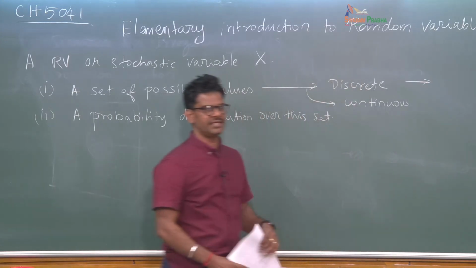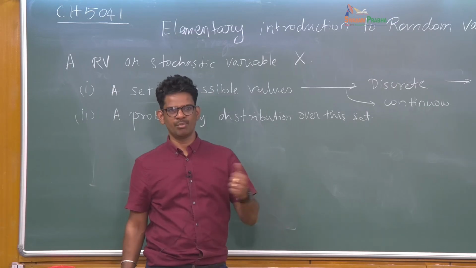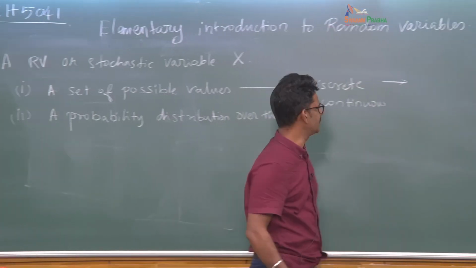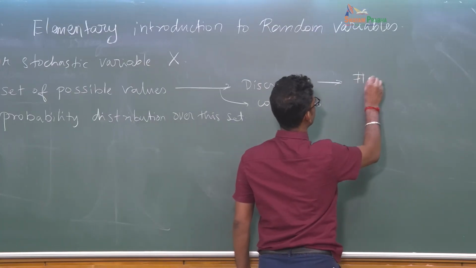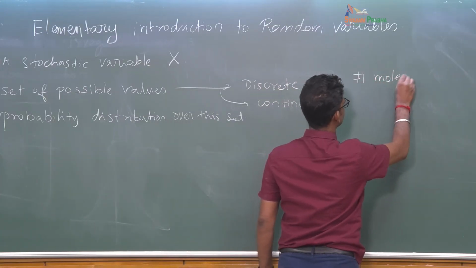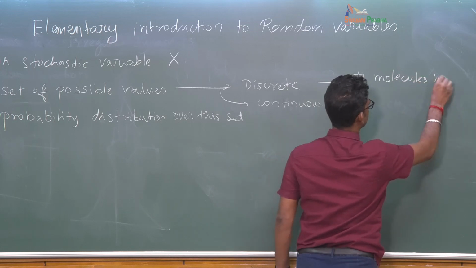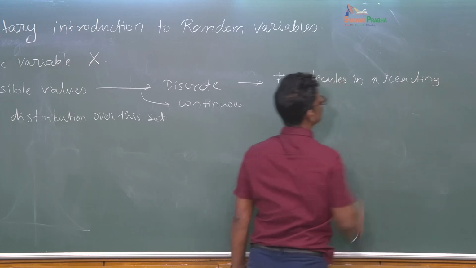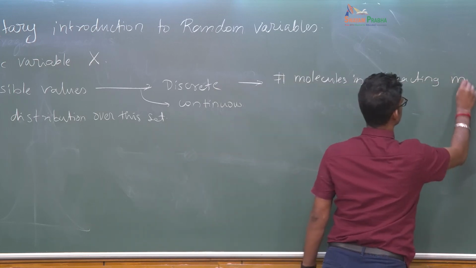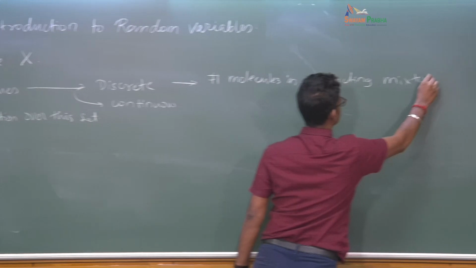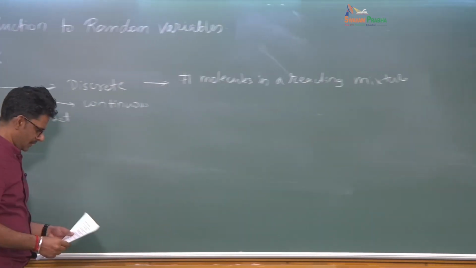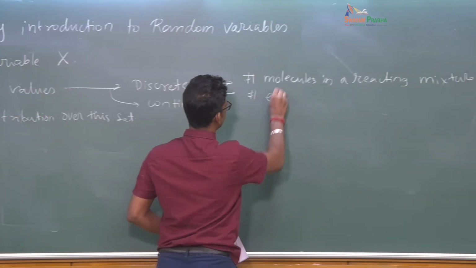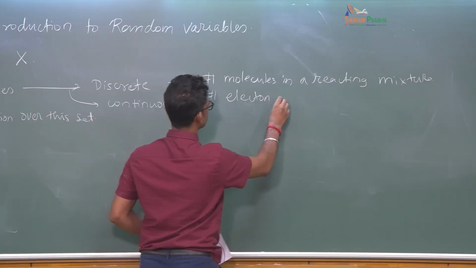When we say discrete, we mean, let's say, the number of molecules in a reacting mixture. That is an integer variable, so that's a discrete number. Another example is the number of electrons in a conduction band.